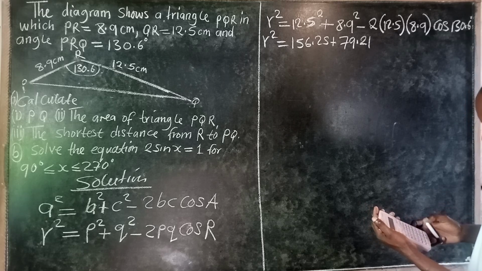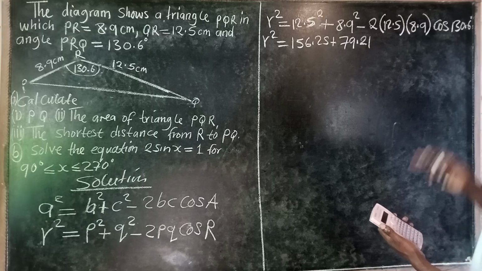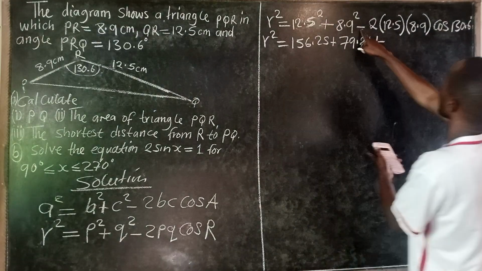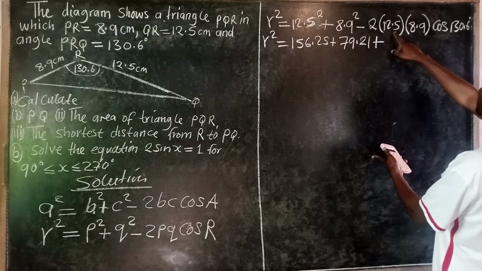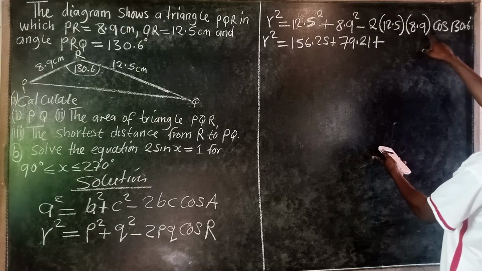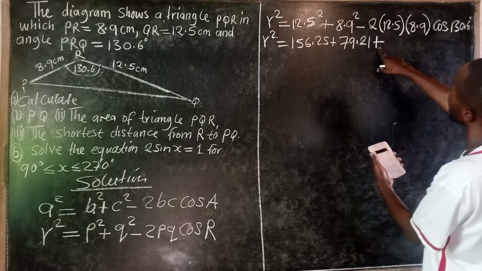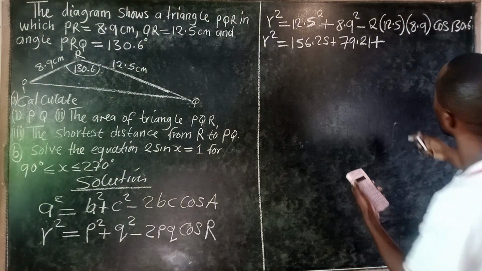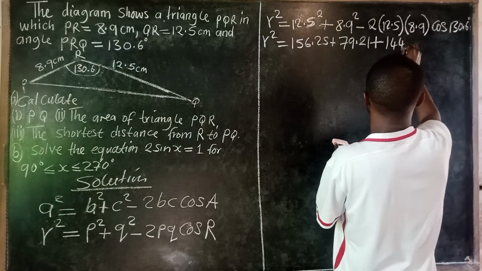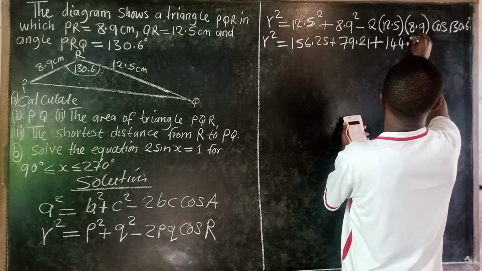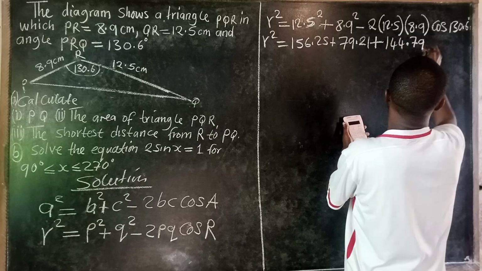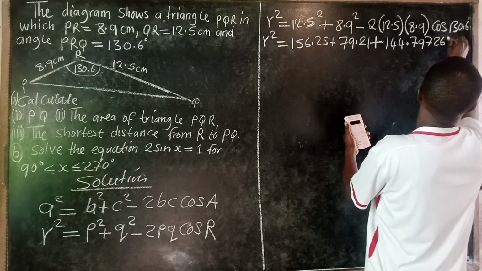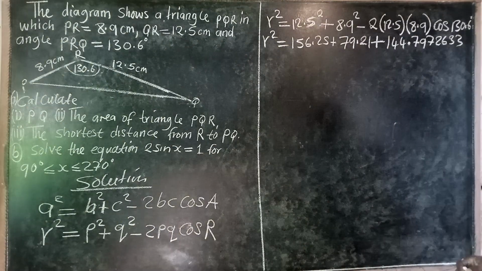So you have to be accurate enough. When you multiply negative 2 times 12.5 times 8.9 times cos 130.6, the answer will be positive, 144.7972633. Okay, so that is the answer.